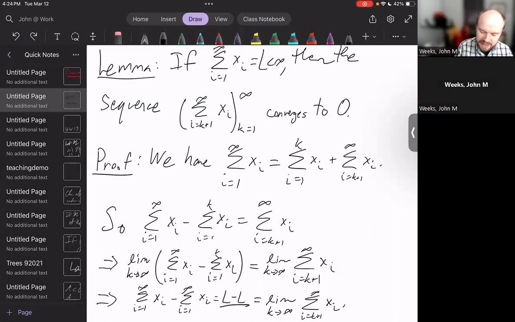And as long as you don't get something like infinity minus infinity, which would be undefined, as long as it's a finite minus a finite value, then this limit of tail ends of sequences is indeed going to be 0. That might be something that we intuitively know. I just wanted to give a quick write-up of where that proof comes from.